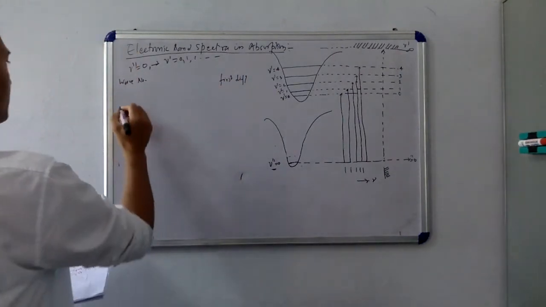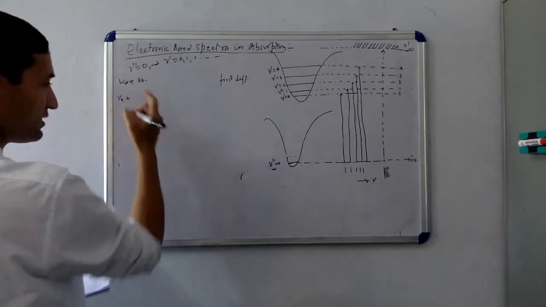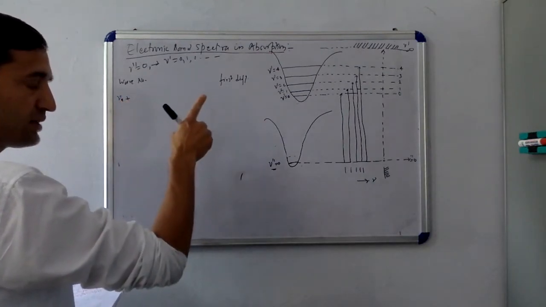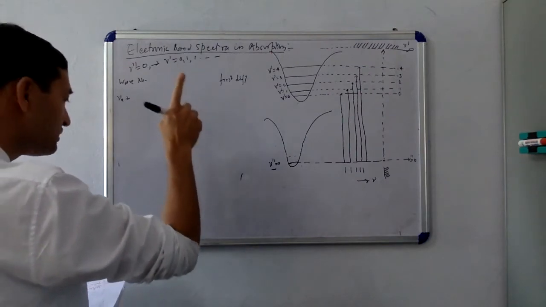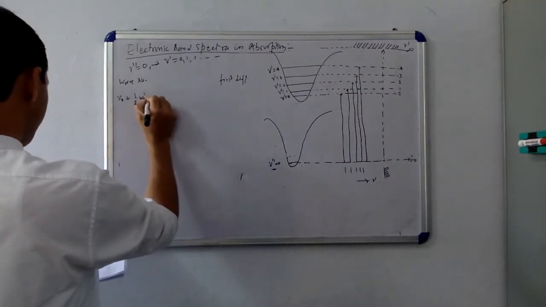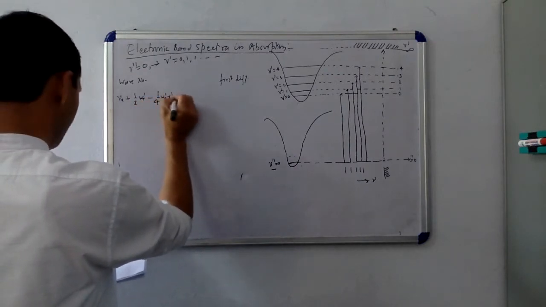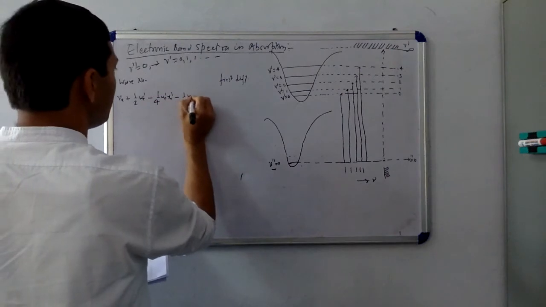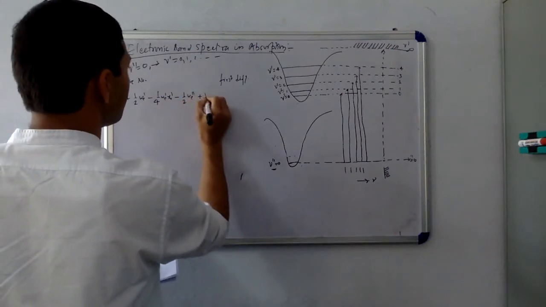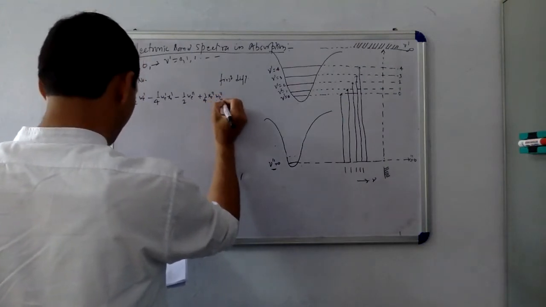So now here νE is a common term. For ν' equal to 0, checking your expression, this is 1/2 ωE' minus 1/4 ωE' xE' minus 1/2 ωE'' plus 1/4 xE'' ωE''.